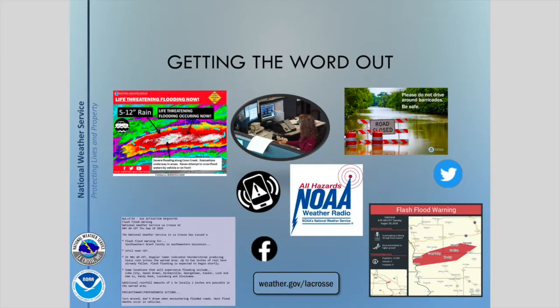That'll make your phones go off, and it's received by dispatch centers. We'll go to social media, Facebook and also Twitter, and send out that information. This was one of the graphic examples from that night. At that point, we had radar estimates of 5 to 12 inches of rain. We knew there was life-threatening flooding occurring. We'd already had reports of evacuations, and we were hearing that ramp-up in impacts.